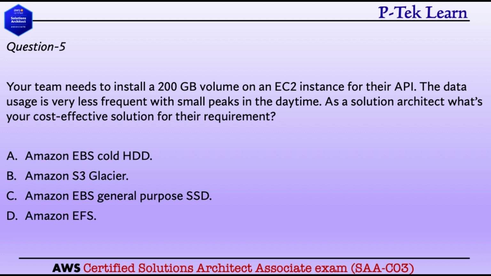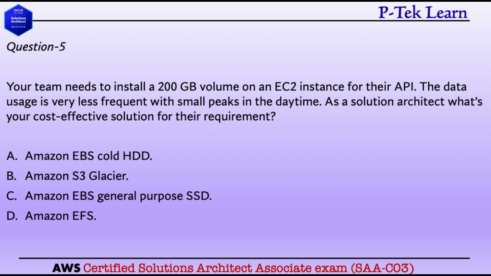But let's try to understand why this EBS Cold HDD would be the right solution for this requirement. The volume data is used infrequently and not throughout the day, right? So only at peaks in the daytime. And the question requires the most cost-effective solution. So the cost-effective storage type.